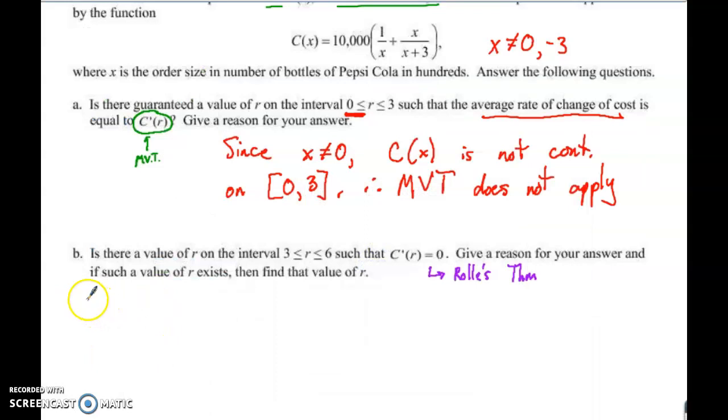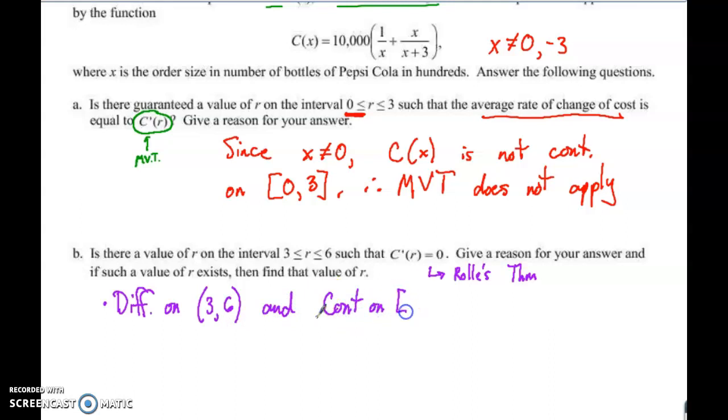So several things to check. Okay, first of all, this function is differentiable and continuous. I do need to be careful because there is a difference between being differentiable on the closed interval and continuous on the open. I said it wrong.